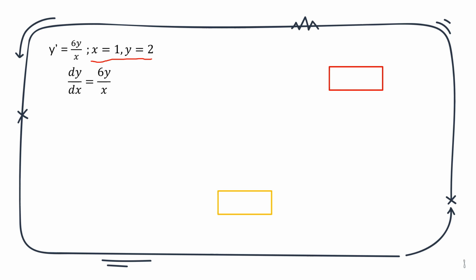So, itong y prime natin na ipapalitan natin ng dy over dx is equal to 6y over x.